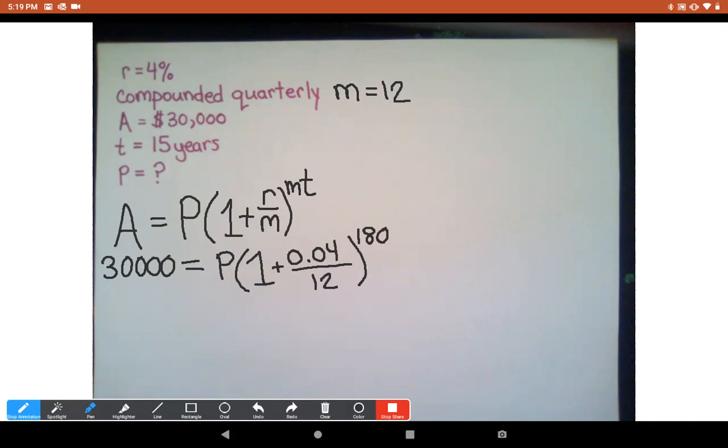So what we need to do is 0.04 divided by 12 plus 1 raised to the power 180. And I'll stick everything in here that the calculator is giving me, rather than rounding.